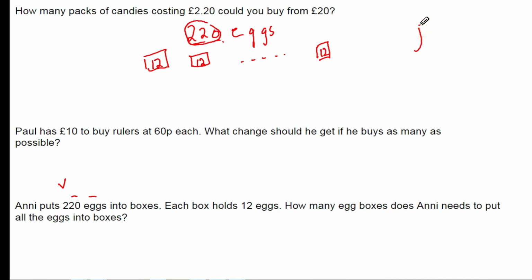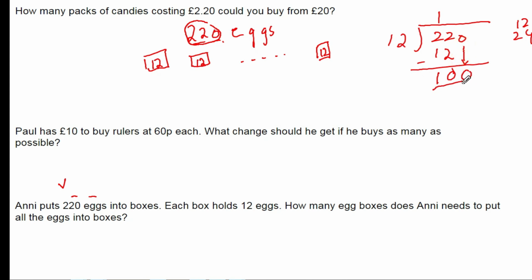That means what we need to do is divide 220 by 12, right? 12 times 2 is 24. So what I need to do is 12 times 1 equals 12. Okay. Now I can take away: 2 minus 2 is 0 and 2 minus 1 is 1. Look at this, 10 is less than 12. It means I need to take down the 0. That is now 100.